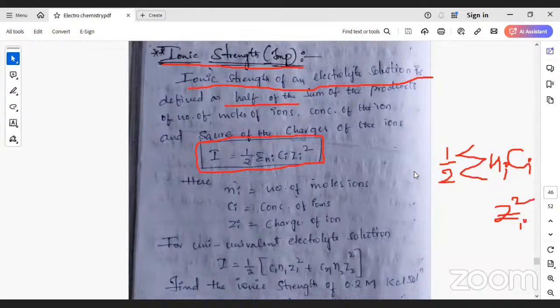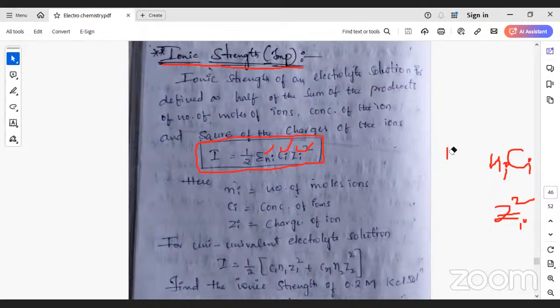This is the ionic strength: half of the sum of the products of number of moles and concentration of ions and square of the charges of the ions. So that is called ionic strength.